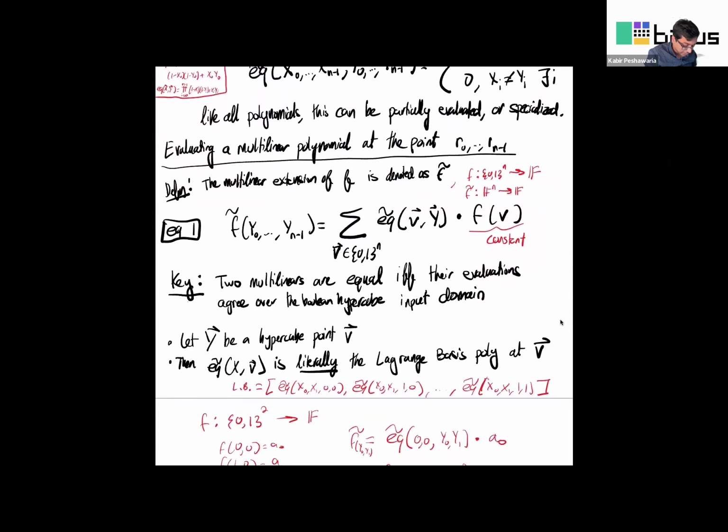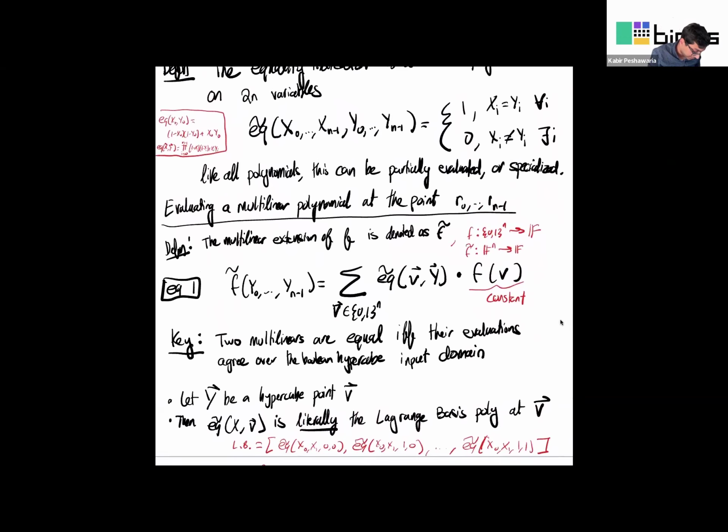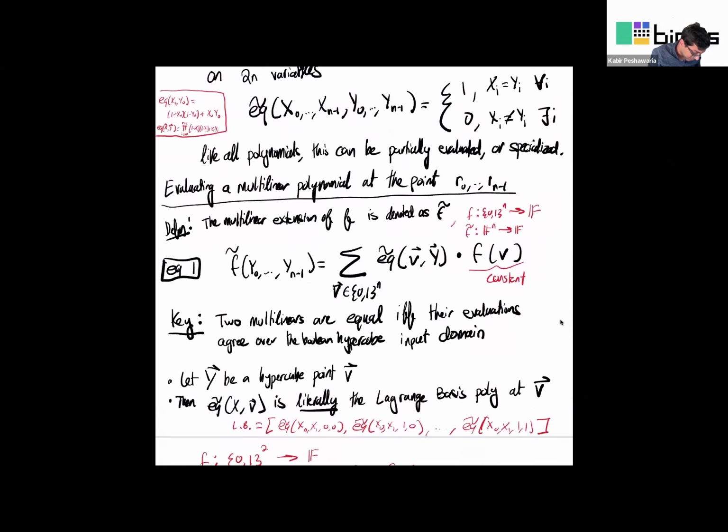If we take the tensor expansion of the equality indicator, and look at all of its hypercube evaluations, we basically get the Lagrange basis polynomials.